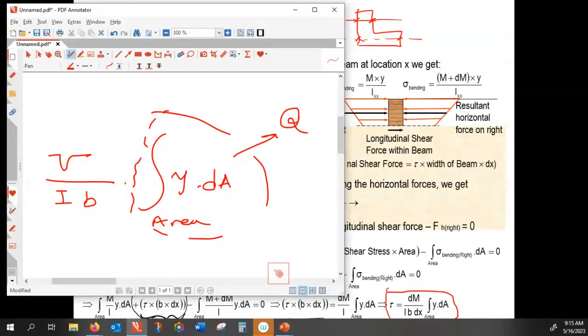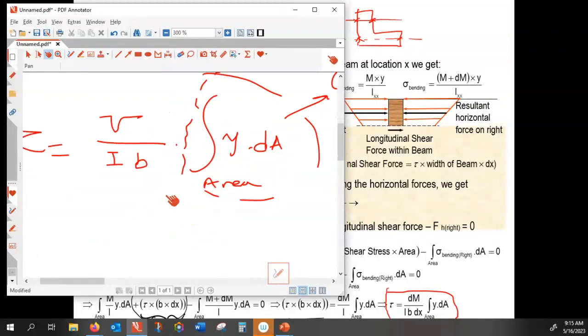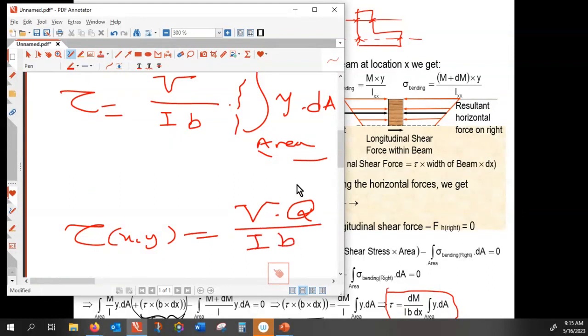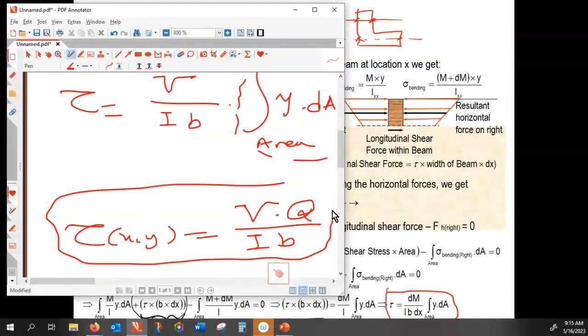V is a parameter of force. So the shear stress, eventually, that becomes the shear stress of x and y. That is V multiplied by Q divided by IB. That's a very short equation. So for these, the most difficult chapters for final exam, that's the bending stresses.